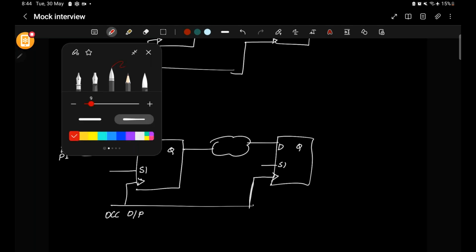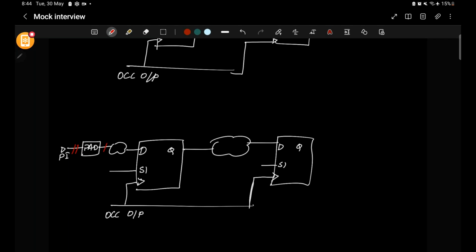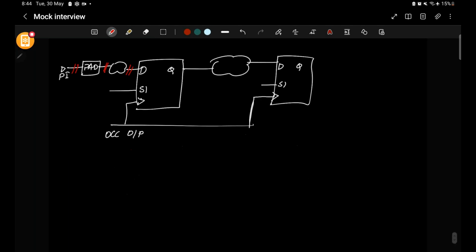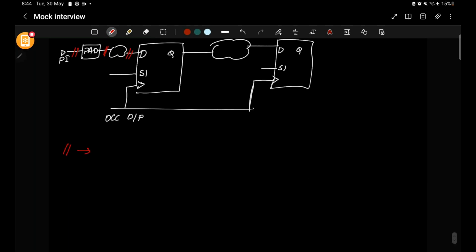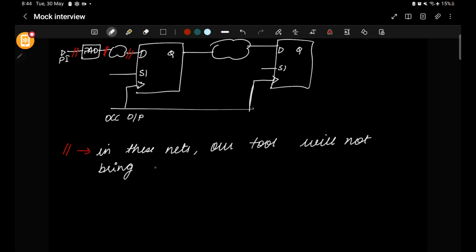So in these parts, wherever I have marked with red, in these nets, our tool will not bring a transition if they are connected to a primary input.